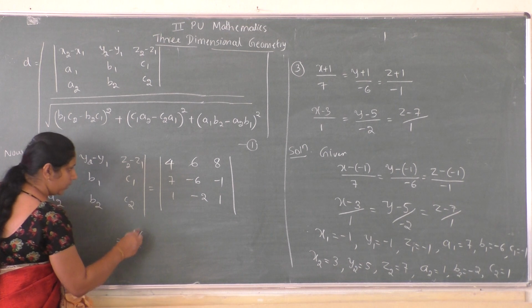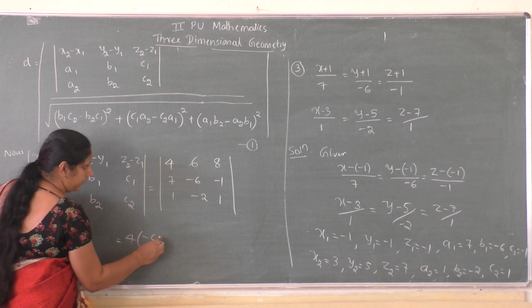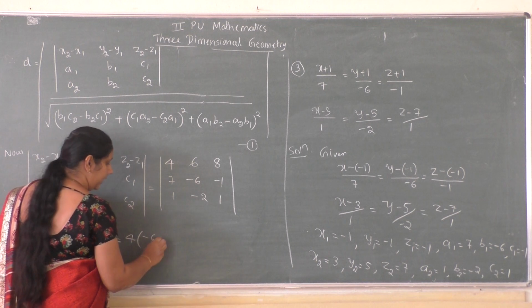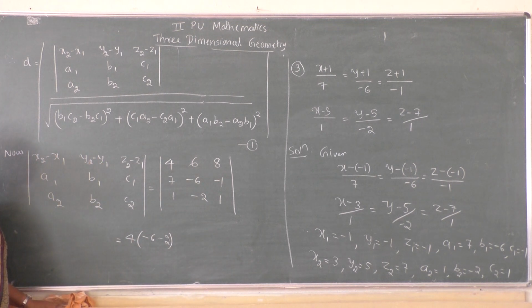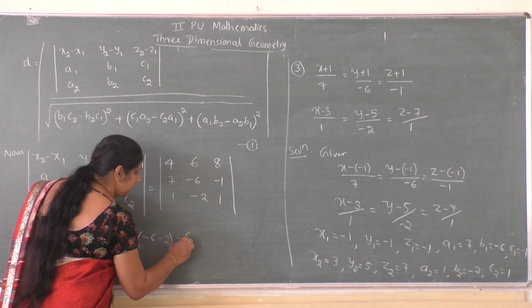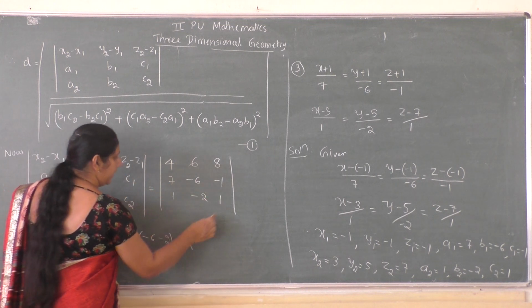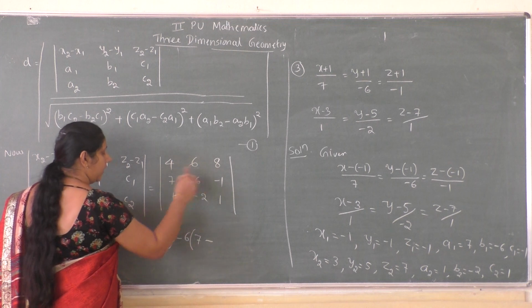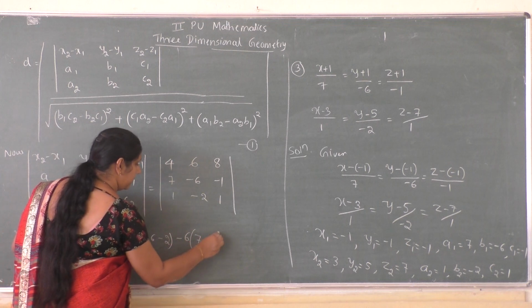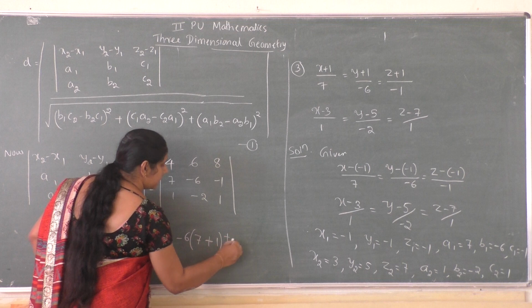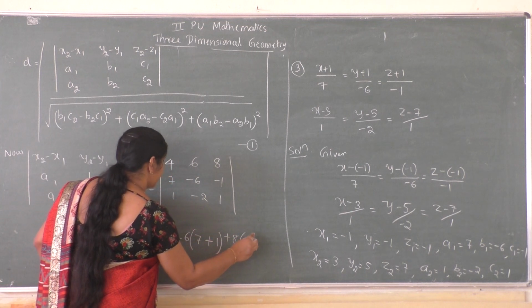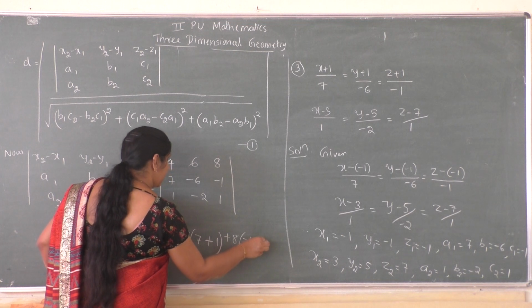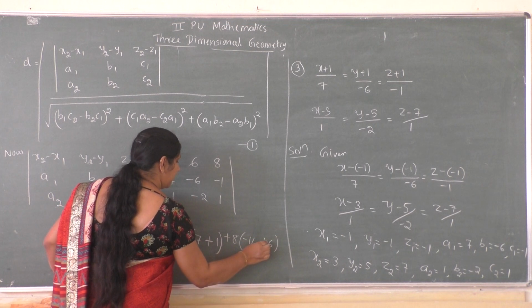It is 4 into (minus 6 minus 2 into minus 1), again minus, so 4 into (minus 6 minus 2), minus 6 into (7 into 1, 7 minus 1 into minus 1 is minus 1, it becomes plus 1), plus 8 into (7 into minus 2 minus 14, minus of minus 6, that is plus 6).